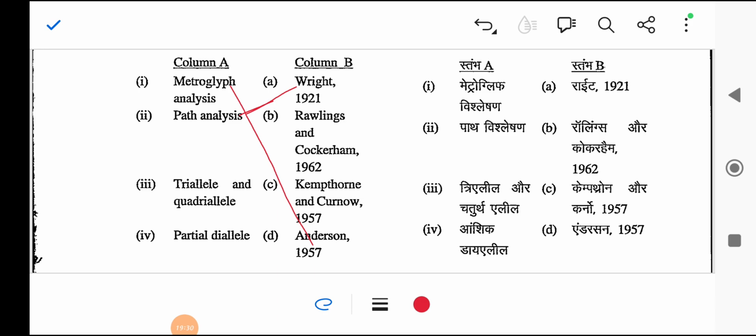Triallel and quadriallel is by Rawlings and Cockerham, and partial diallel is by Kempthorne and Curnow. They are very difficult to remember, all the scientists' names. I would suggest if you remember it's okay, otherwise don't do these types of questions.